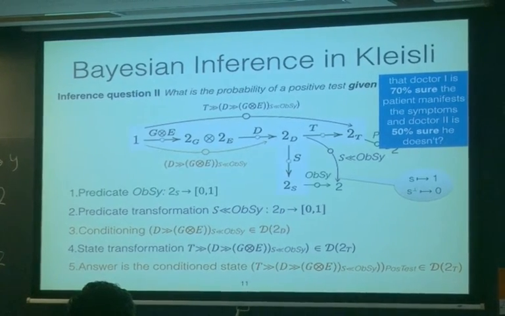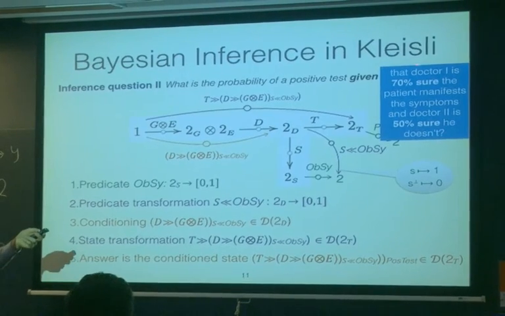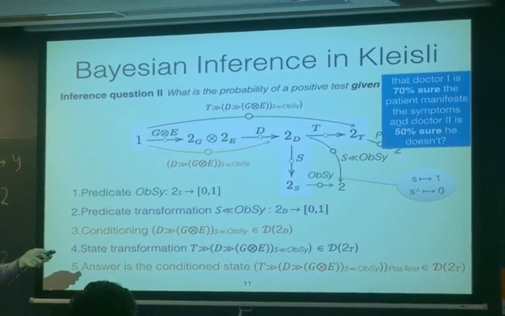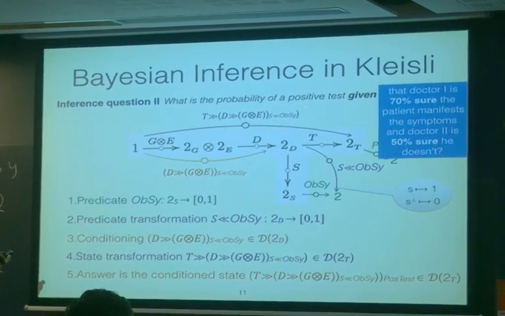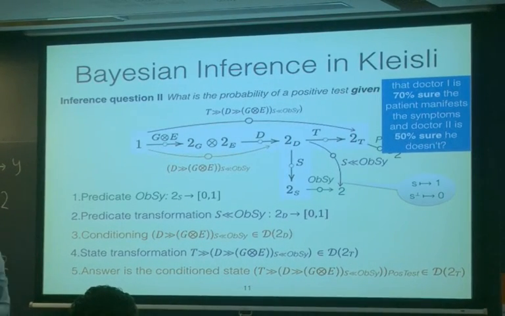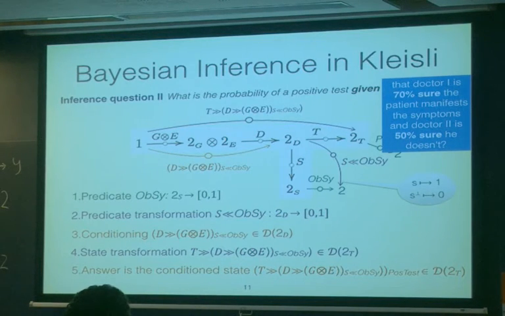This is the kind of situation where an observation is truly associated with something fuzzy. Imagine, for instance, you want to compute the probability of a positive test given some information which amasses together, for instance, the feedback given by different doctors. One says that he is 70% sure the patient manifests the symptoms, but another doctor says he is 50% sure that it doesn't. You want to put all this together.